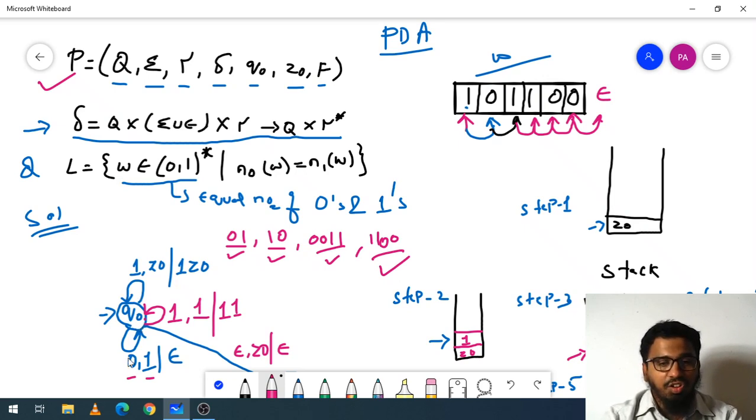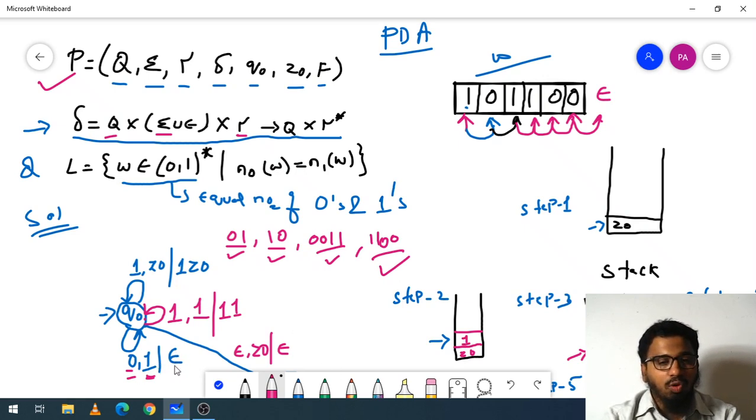Let's take another one. Q0, 0: Q0 is Q, and 0 is sigma, and what is 1? This one is tau, what is available in the stack. And what answer are we getting? Epsilon.